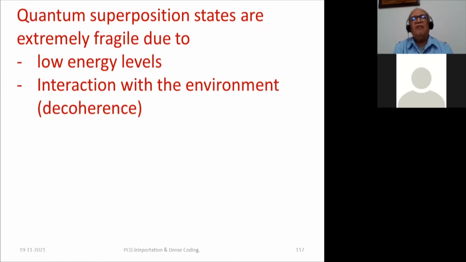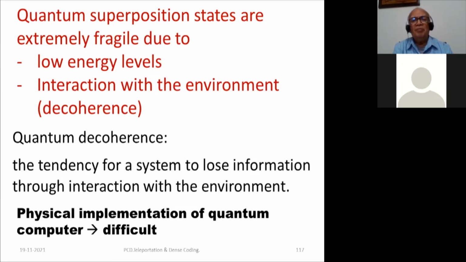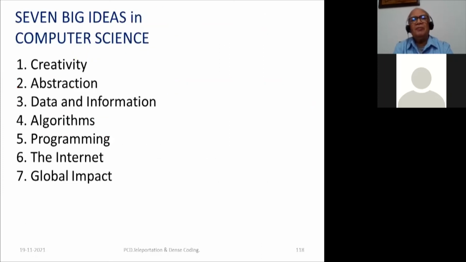The system is very fragile and interaction with the environment is dangerous, and the entanglement does not survive in these situations, which is why it takes a huge effort and a lot of money to make a quantum computer. So the physical implementation is extremely difficult.